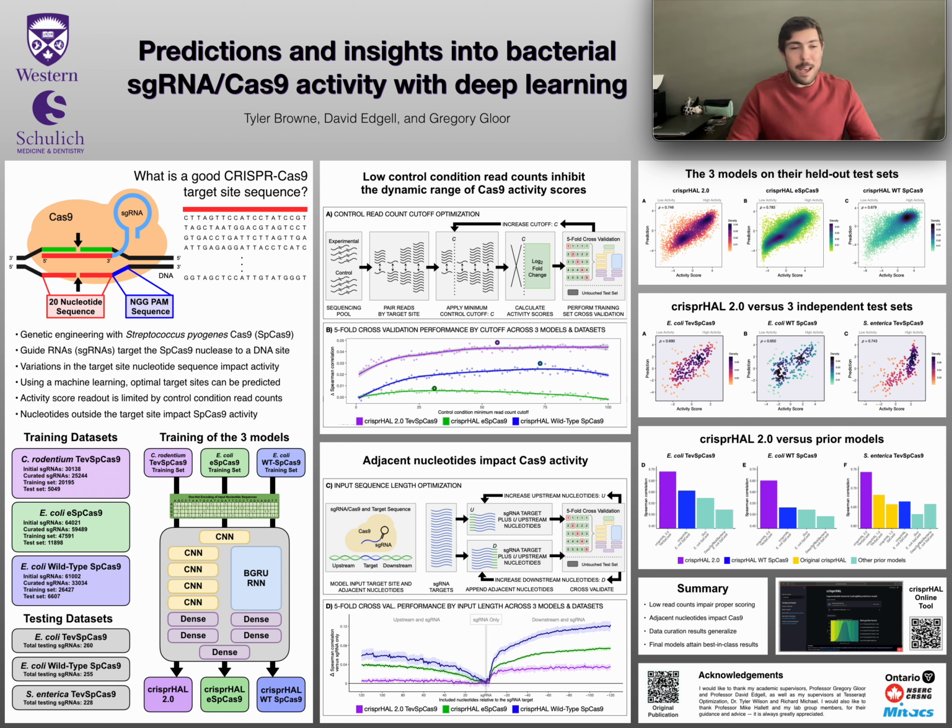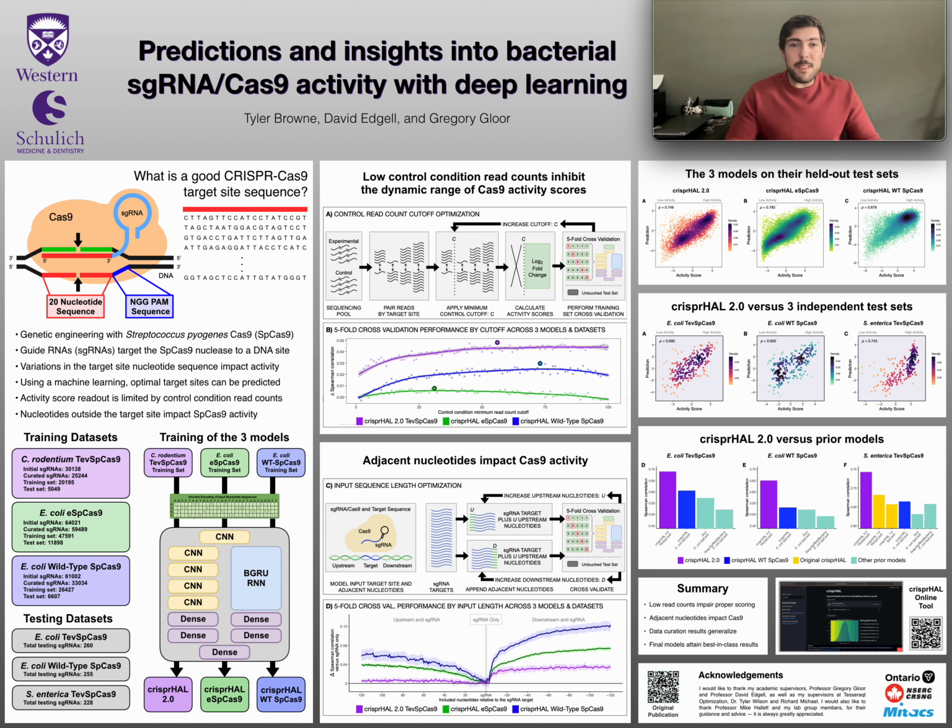In measurement, what you have is sequencing for an experimental and a control condition. Both of these are read counts that measure cleavage activity of Cas9. And when there are not enough control condition read counts, the readout itself can be impaired. Additionally, in terms of the model input itself, nucleotides outside the target site impact SpCas9 activity. Now I'll get into both of these things a bit more.